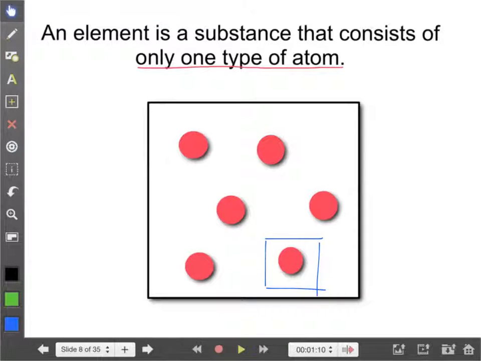Basically what it means is if I was to break down this element to the smallest particle that made it up that could exist on its own in a stable environment, I would be left with this little atom. So I'm breaking this element right down until the smallest particle that can make it up. And this pink little atom is the smallest thing that I could get.